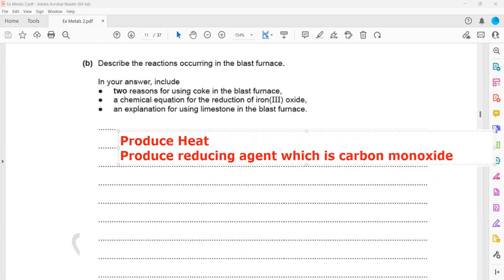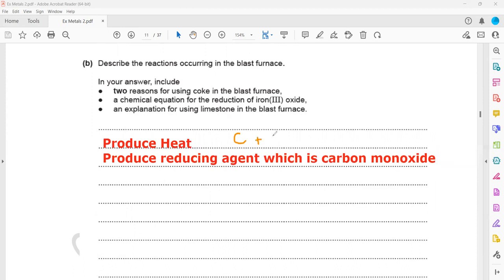Then the equation for each. The first one, to produce heat: the carbon, the coke, reacts with oxygen to give carbon dioxide. The second one, to produce a reducing agent: carbon dioxide reacts with more carbon to produce carbon monoxide. Then the third one is the reduction of the ore of iron.